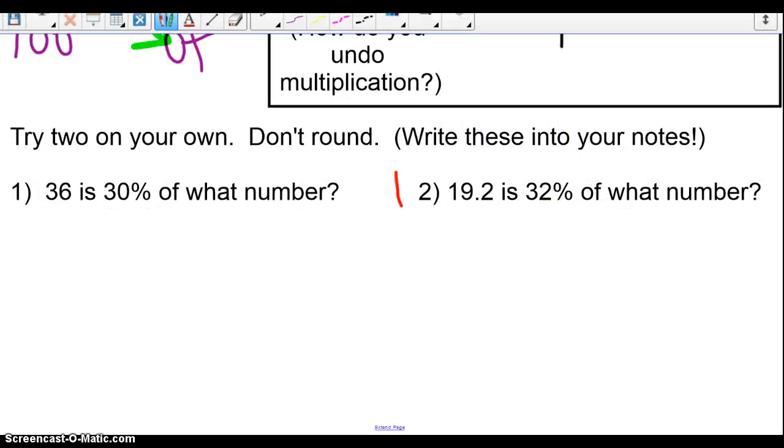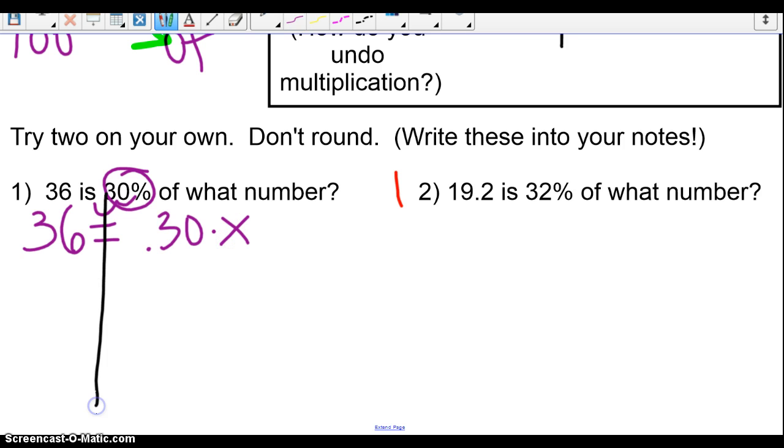So hopefully you've paused, and so you have some answers right now. So the first thing we do, we've got to translate. So 36, just write that, is 30%. Now what do we need to do with the 30%? Because we can't use it like that. Got it, we turn that into a decimal, so 0.30 of what number? What number is x or n, whatever you choose to use. Now I've got to solve this.